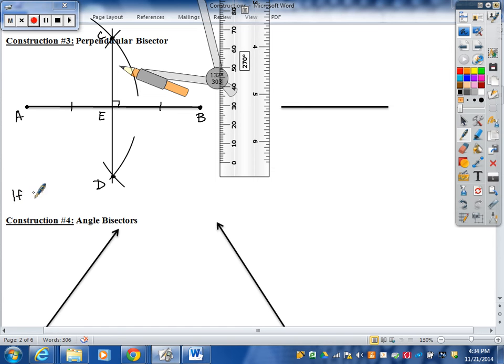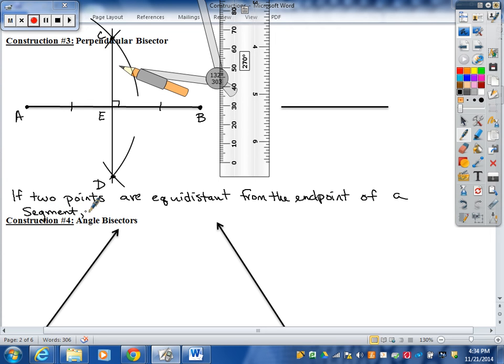If two points are equidistant from the endpoints of a segment, then the two points lie on the perpendicular bisector.